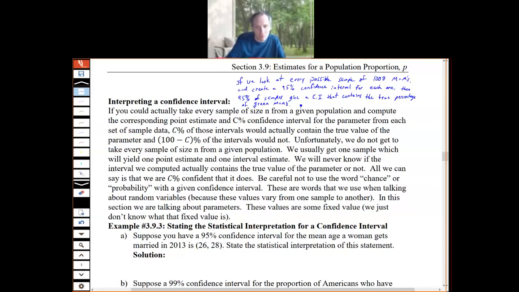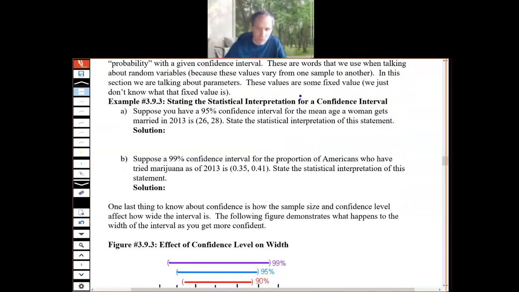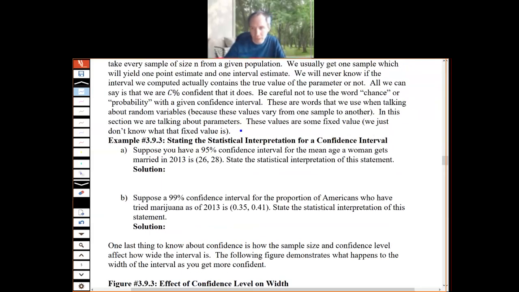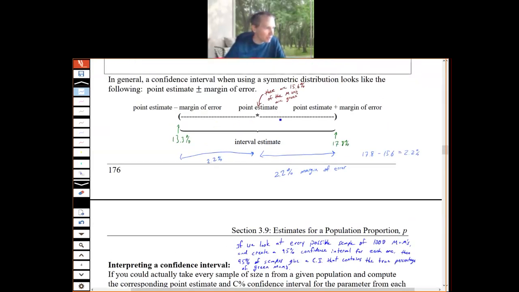Then that scoop would not be a good representation of what all the M&Ms look like. So there's always a possibility that your sample isn't a good representation of the population, even when you do everything right. And we account for that in statistics. So that's why we never say we're 100% confident. If we create a 95% confidence interval, then we're only 95% confident that everything we did is right. And that's separate from this whole margin of error business. The margin of error is just telling us how wide that interval estimate is.